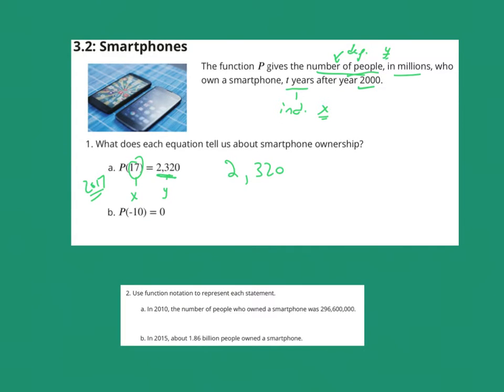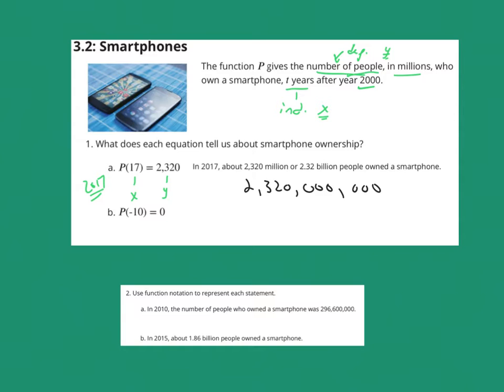All right, so because the number was the number of people in millions, we have to add some zeros to this. 6 zeros to be specific, because if you had a 1 right here, this would be 1,000. And if you had a 1 right here, that would be 1 million. If you had a 1 here, that would be 1 billion.